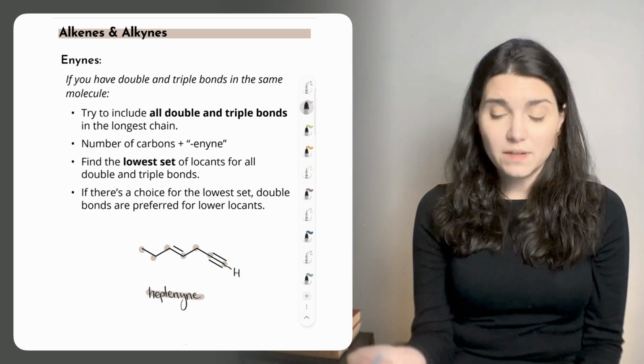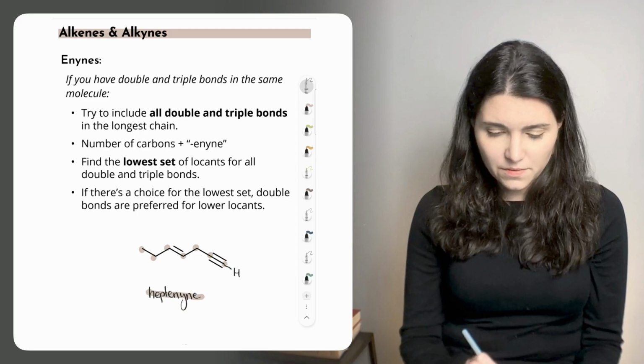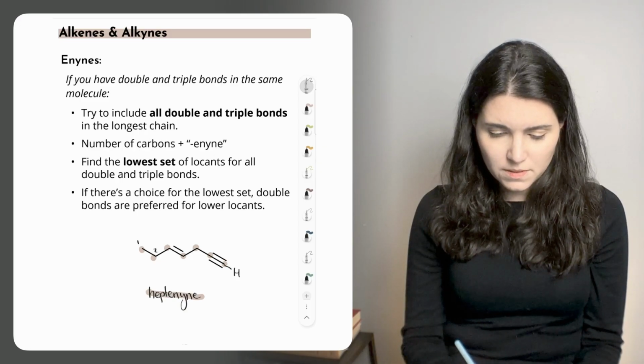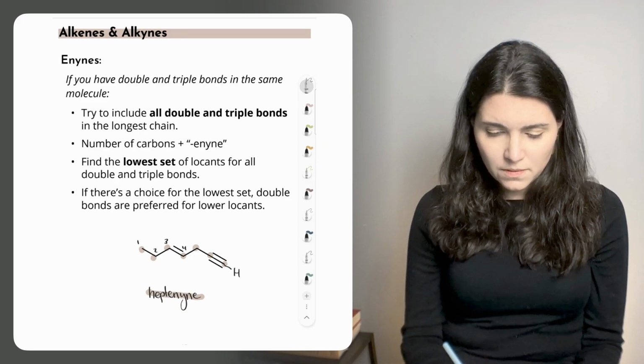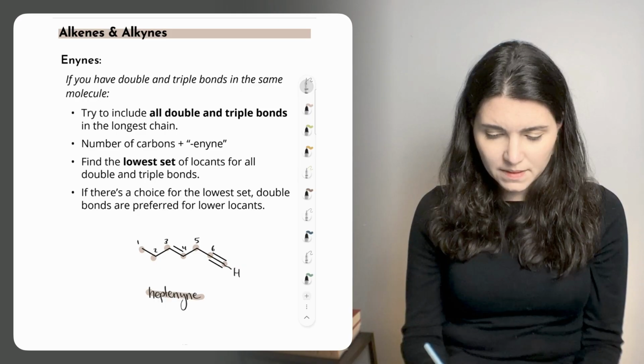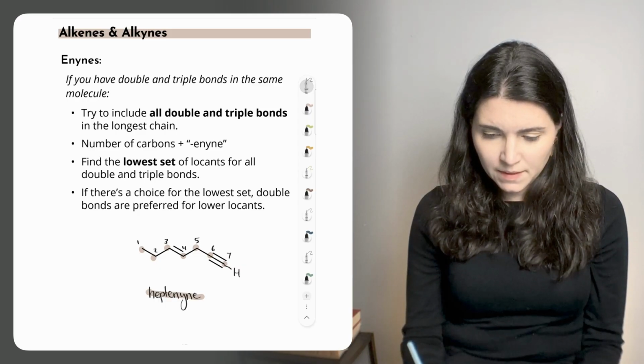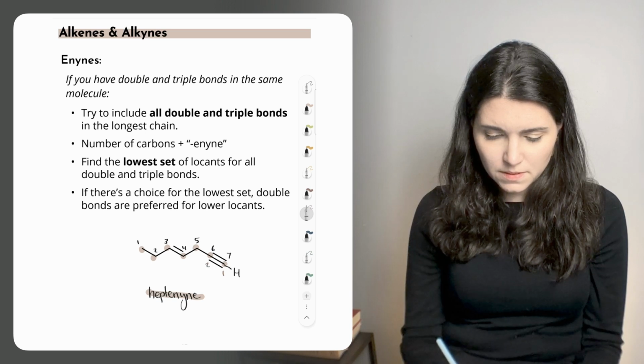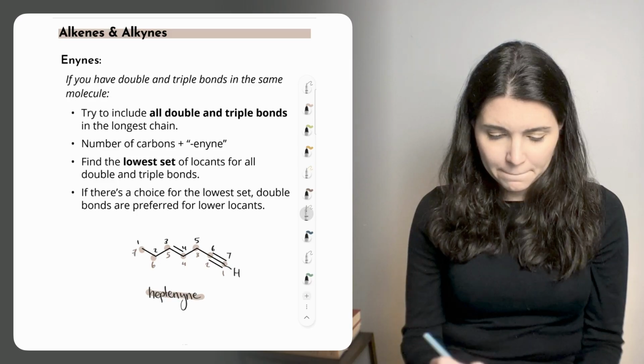All right, and we've got to do our locants here. So if I number this way, I get 1, 2, 3, 4, 5, 6, 7. And if I number the other way, I get 1, 2, 3, 4, 5, 6, 7.